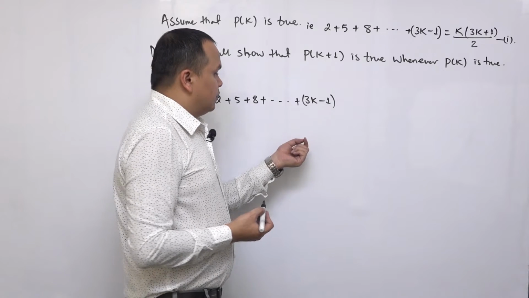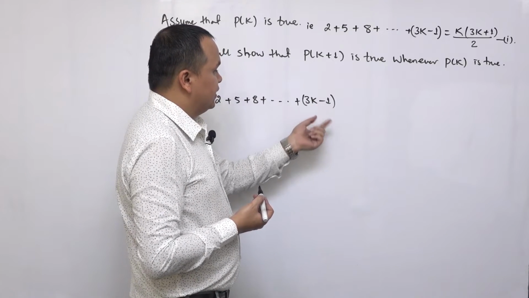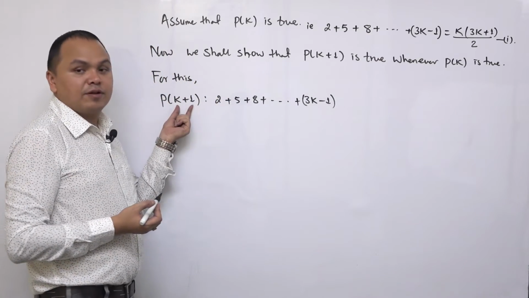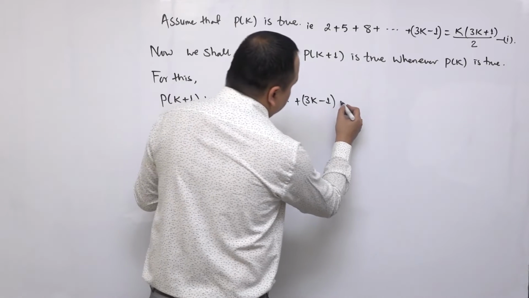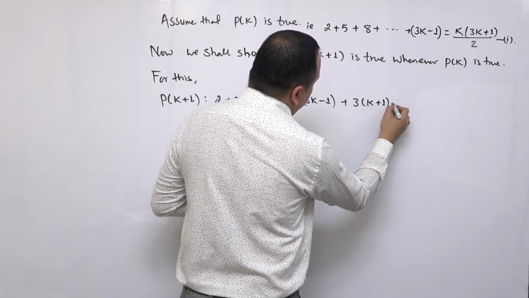If we put k is equal to k plus 1 in the last term, then we get the next term, because here k is k plus 1. The 3 times of k plus 1 minus 1.